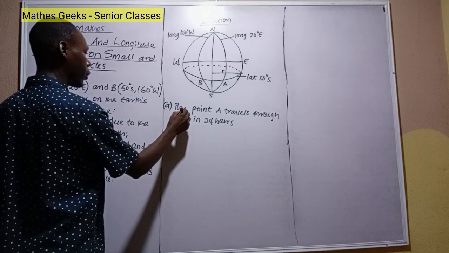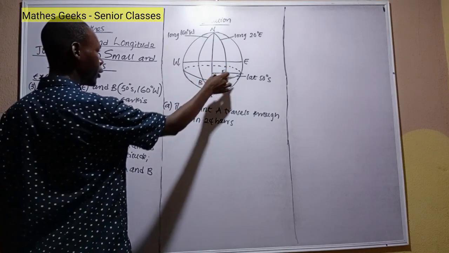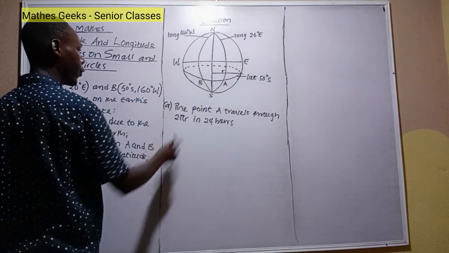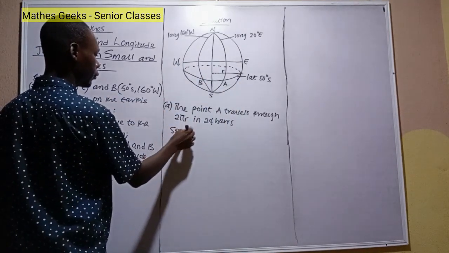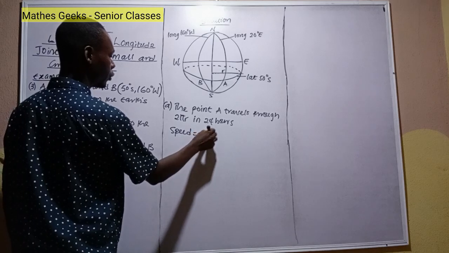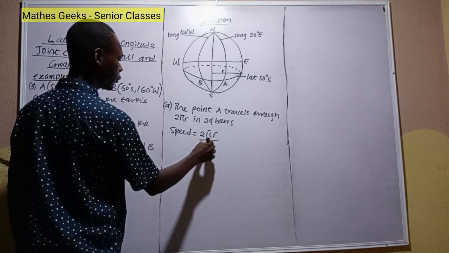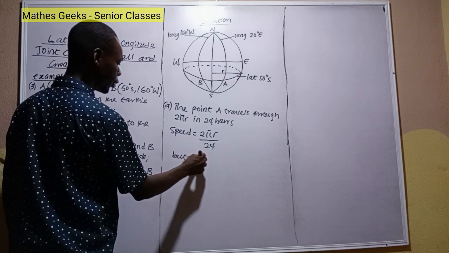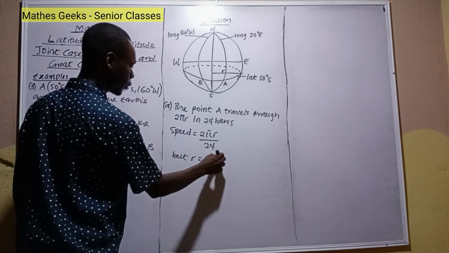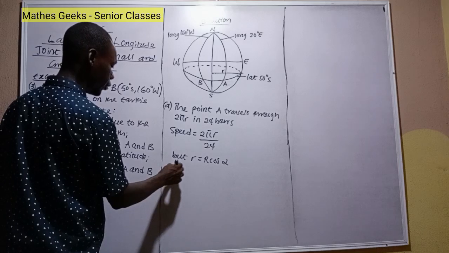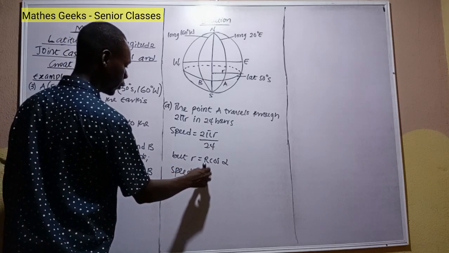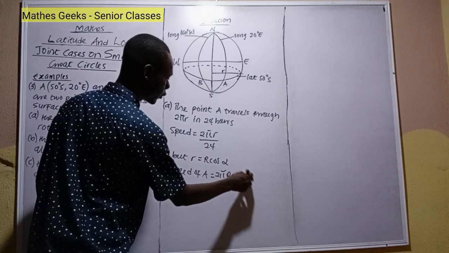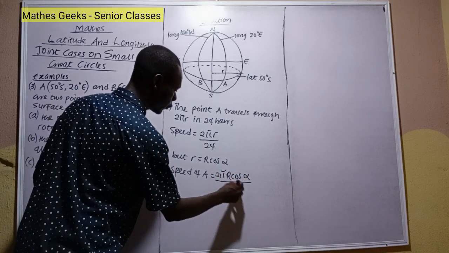The 2 pi r is the circumference of the small circle. So point A will make a complete revolution in 24 hours. So speed is equal to 2 pi r over 24, but r is equal to R cos alpha. So speed of point A is equal to 2 pi R cos alpha over 24.